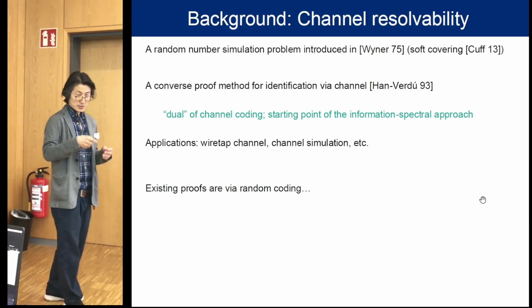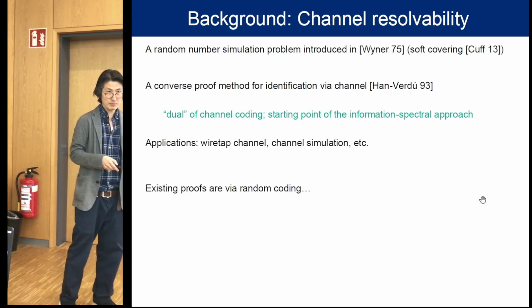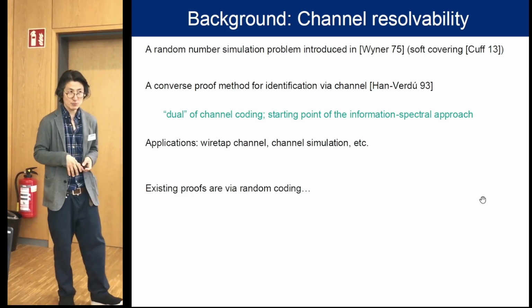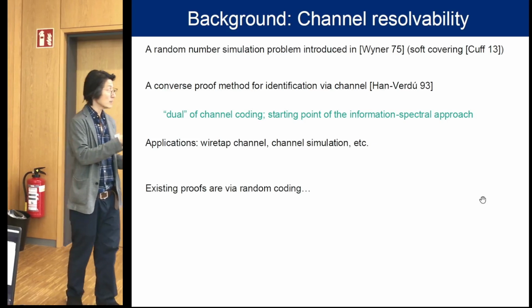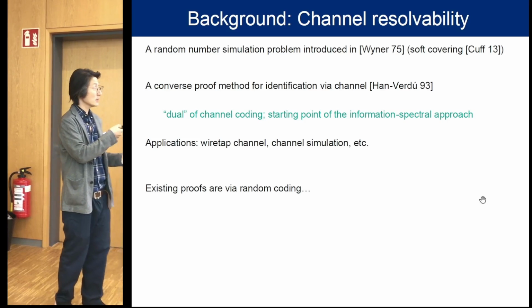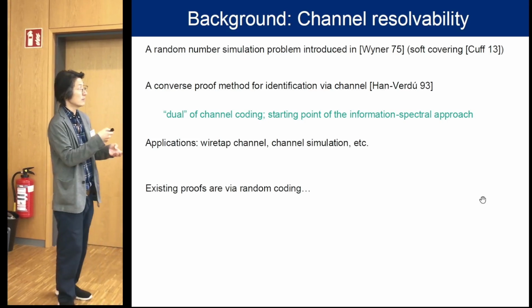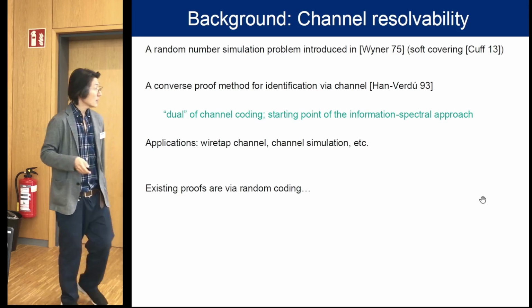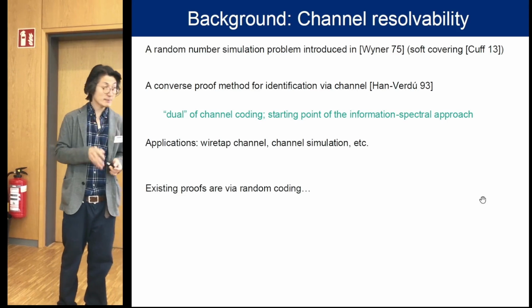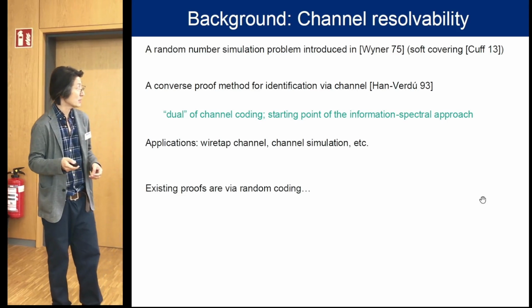This channel resolvability problem is a kind of dual problem to the channel coding problem, and it was a starting point for Han and Verdú to develop the information spectrum method. It has various applications.